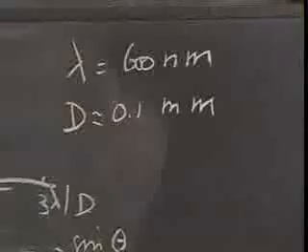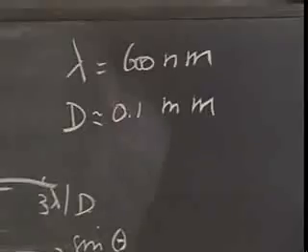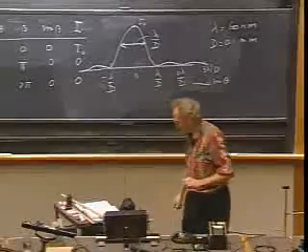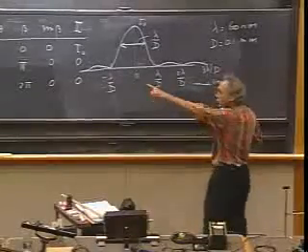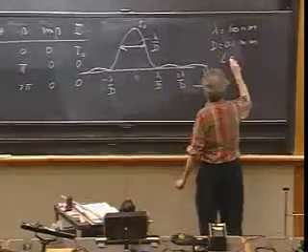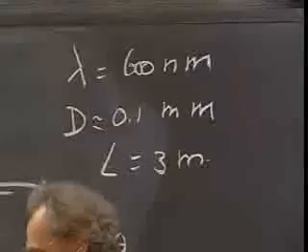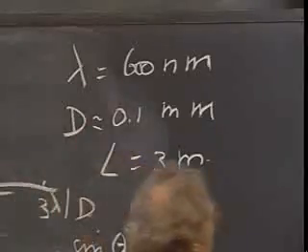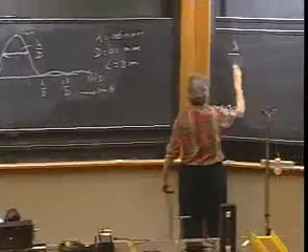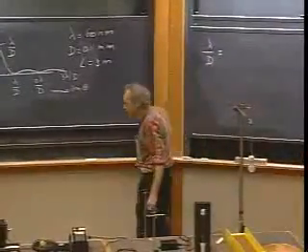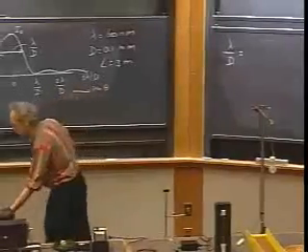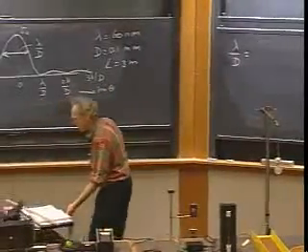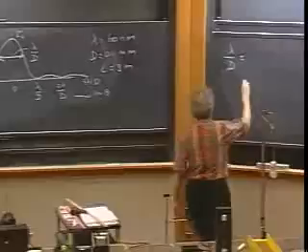So we have a slit which has a width opening of only 0.1 millimeters. And we'll put a screen there, L, at a distance of about 3 meters. So we can calculate now what lambda divided by D is. So that would give you the angle in radians. That is 6 times 10 to the minus 3 radians.